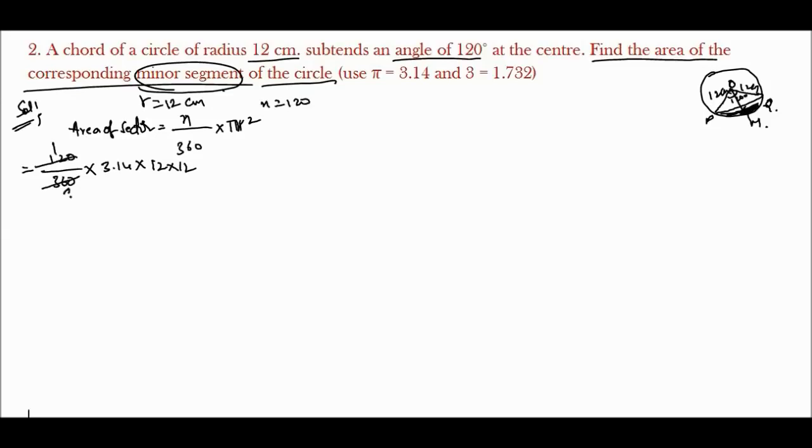So 120 and 360 cancel to 3, 3 1 ja, 3 4 ja, 12 4 ja, 48 into 3.14. How much will it come? 150.72 will come. So this is the sector area.